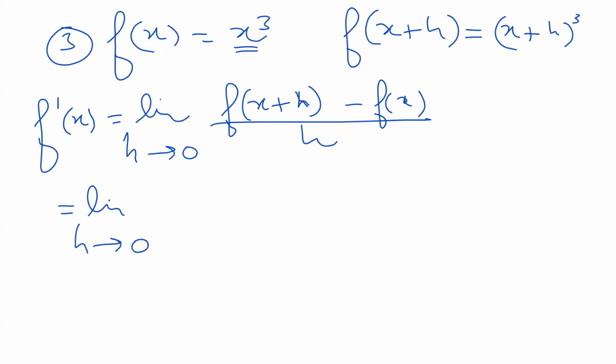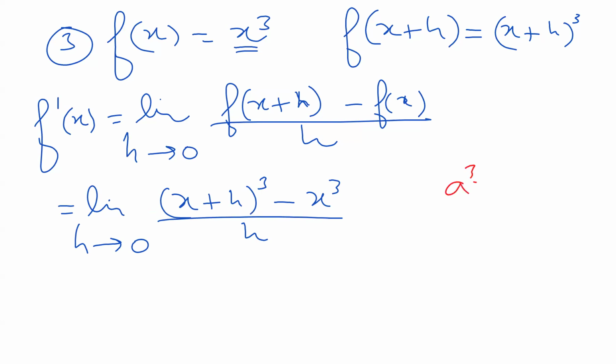So limit h approaching 0, x plus h the whole cube minus x cube upon h. If you know the formula of a cube, there are two ways to solve this. Either you can do a plus b the whole cube, or you can do a cube minus b cube. So a cube minus b cube is a minus b, a square plus b square plus ab. So I'll do a cube minus b cube.